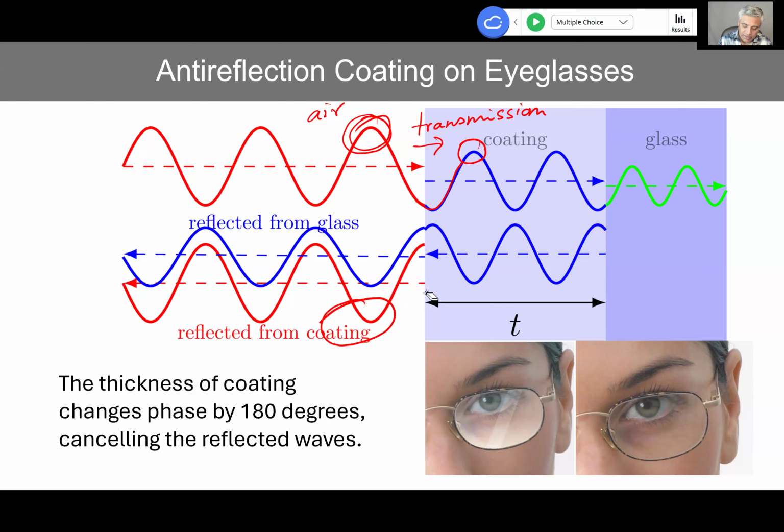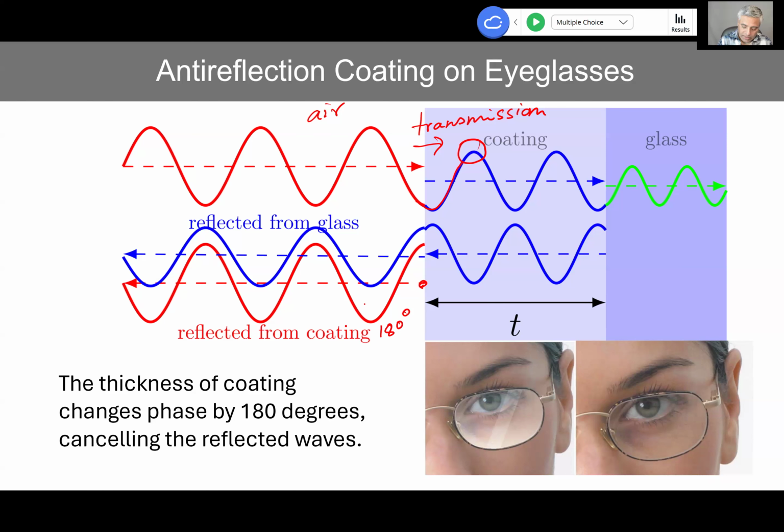It got reflected from the coating right there and goes toward the eye. And as you can see, they have opposite phase. It has a peak over there, and this one has a valley lined up with that. So it went through a 180-degree phase change.